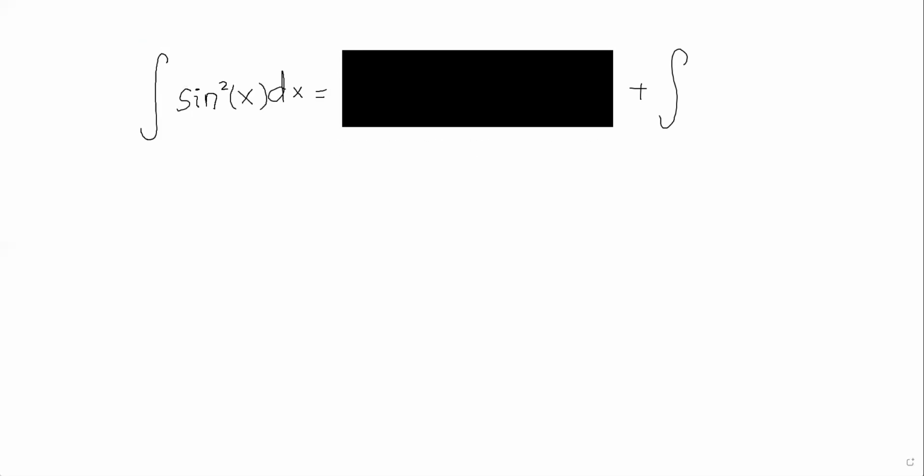If we had minus sine squared x instead of plus, it works really well if we have different signs on opposite sides of the equal sign. For example, on the left side we have plus, on the right side we have a minus. It works because we can add this integral to both sides. This part goes away and we just have 2 times whatever integral this is.